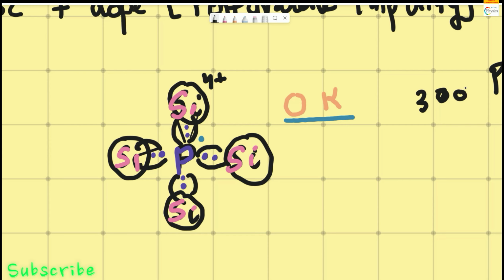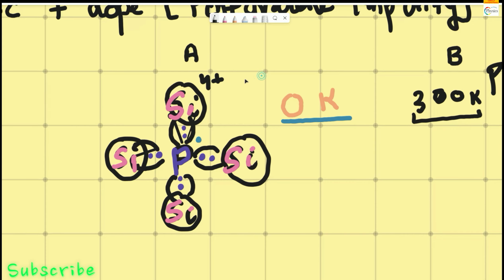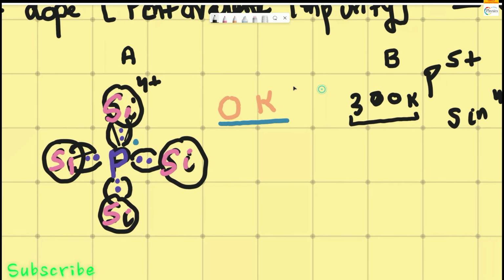I meant 27 degrees Celsius or 300 Kelvin, so essentially room temperature is being discussed. This is situation A, and this is situation B. These are the two situations we will compare from an atomic point of view, and then we will go into detail of each one.